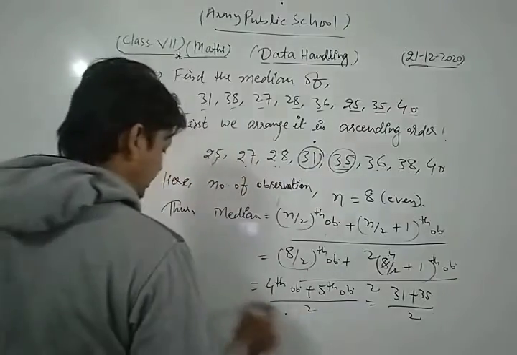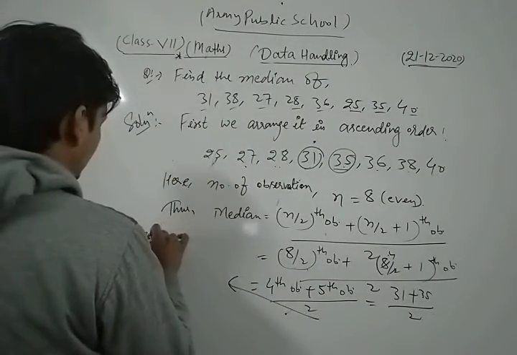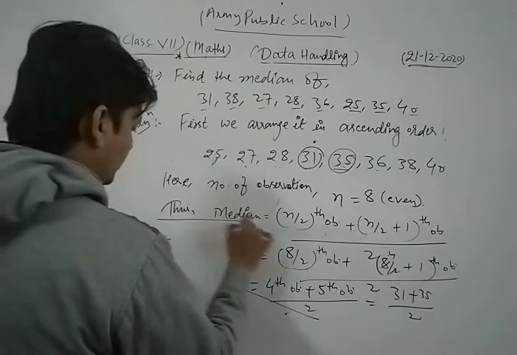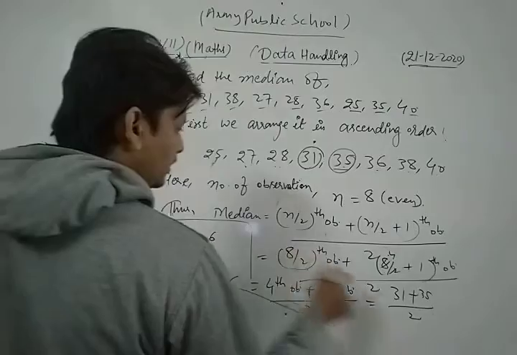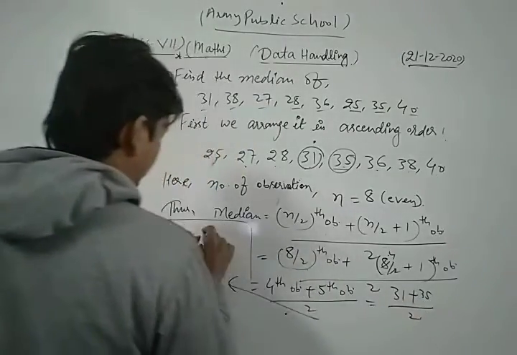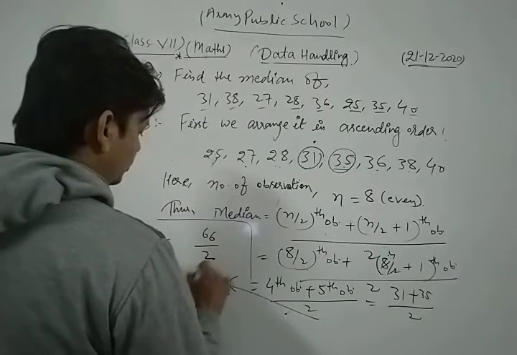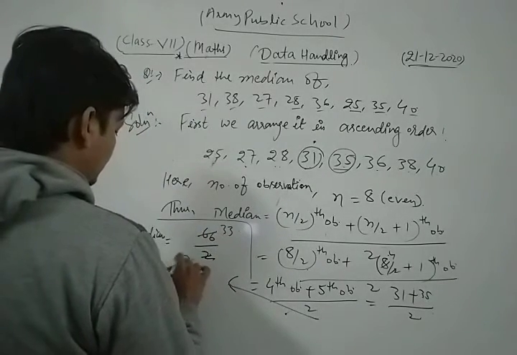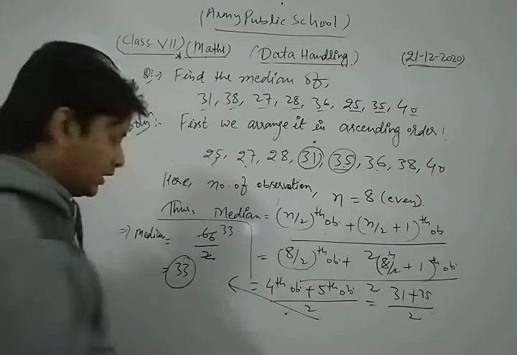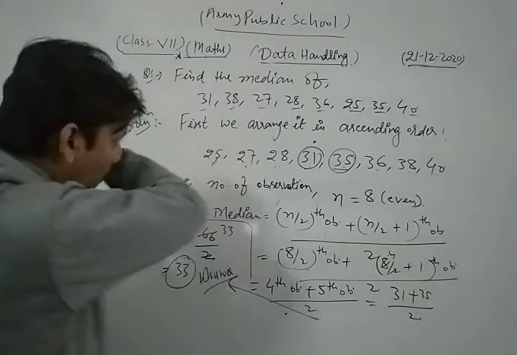So the median is 31 plus 35, which is 66, upon 2. Two threes are 6, so the median is 33. This is our required solution of the given question.